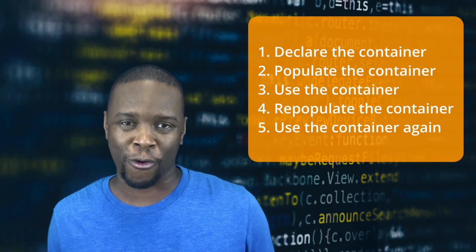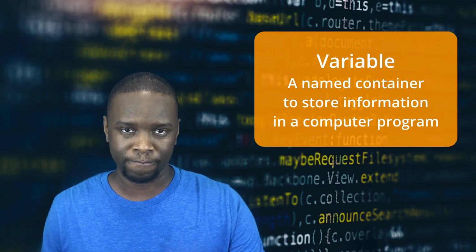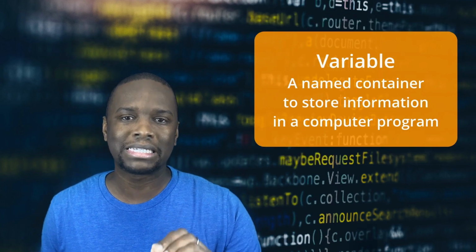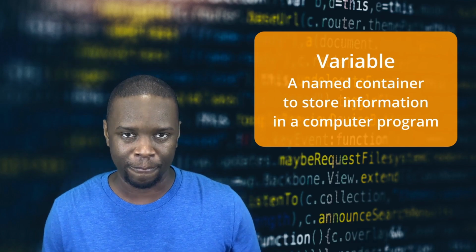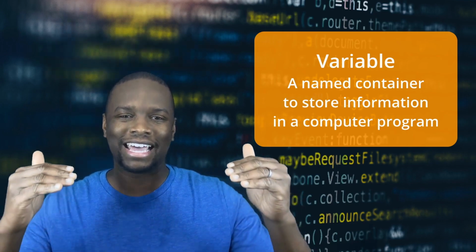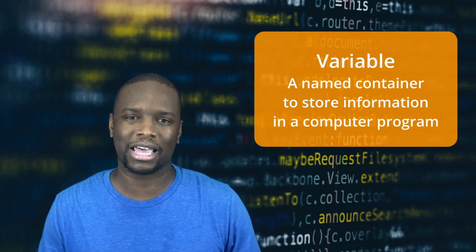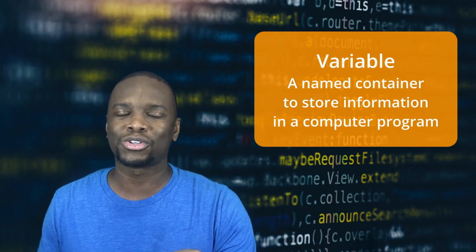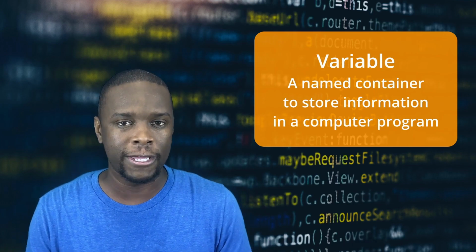Let's go back to computer programming. In computer programming, this idea of a variable, it's a named container to store information in a computer program. We have a nice and neat program since we've organized things in functions in our last exercise. But in this exercise, we want to make it even a little neater and easier to read.